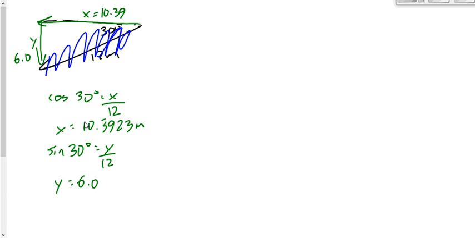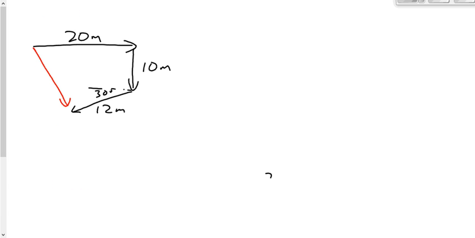Because if I take the 10.39 and the 6.0, and replace this vector with a 10.39 and a 6.0, I've got a much easier problem to deal with now. Now I can deal with this the way that I dealt with it before.